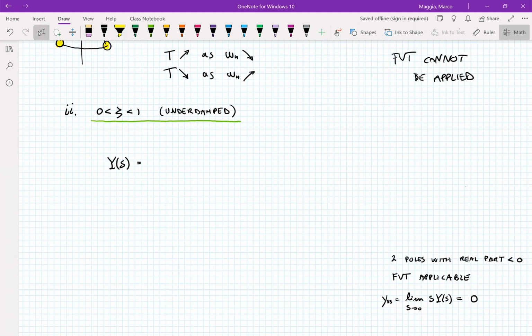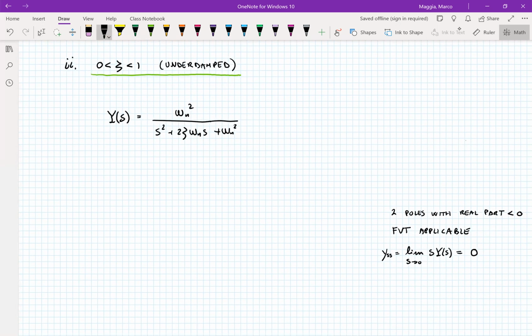All right, now let's complicate things a little bit more by taking the underdamped case. So the output is always equal to the transfer function, but now we retain the damping ratio because that is non-zero. So in this case, we do have to perform the partial fraction expansion.